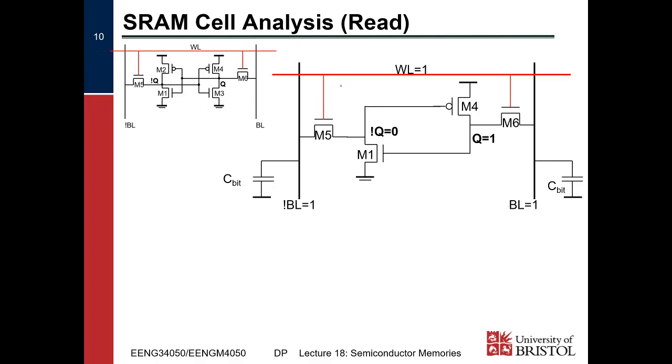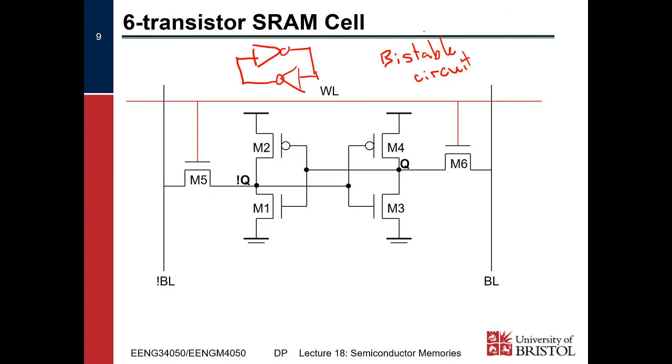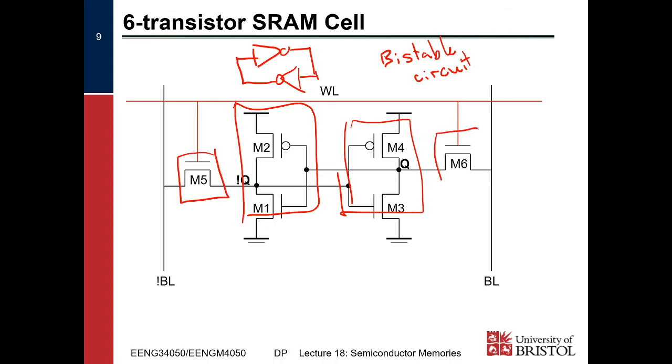So the two cross-coupled inverters, one inverter there and one inverter there, give us our bistability. Then we have two pass transistors here and here, and the job of these pass transistors is to enable the data to flow in and out of the cell, and to allow us to overpower the feedback loop.